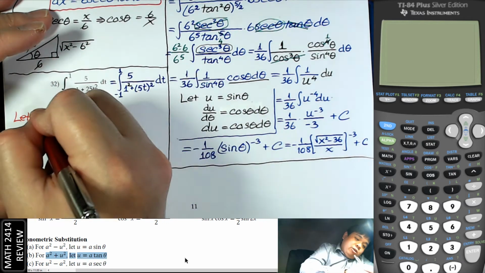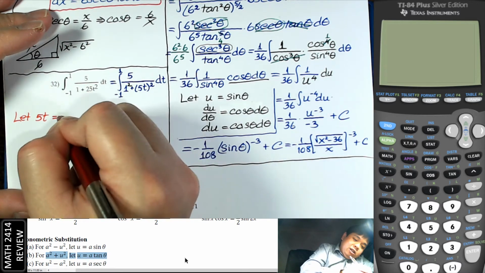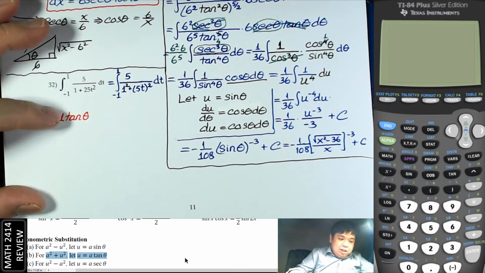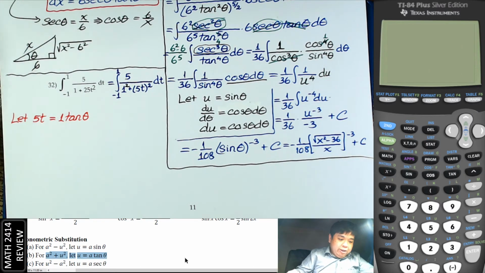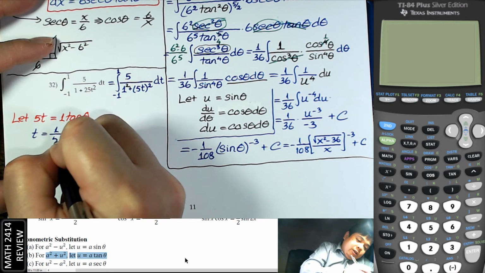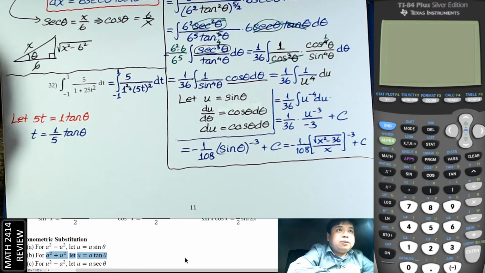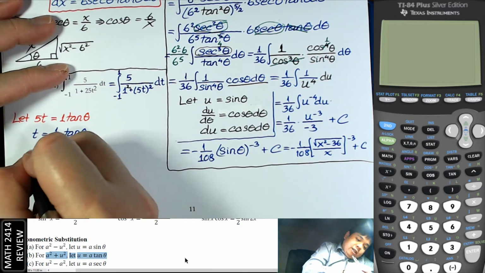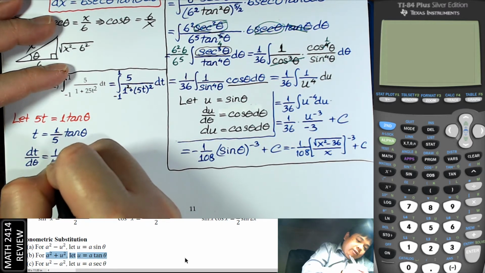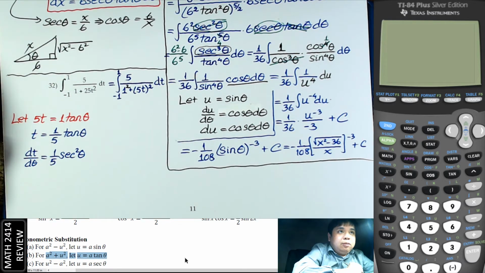We're going to let the variable equal to 1 over 5 tangent of theta, so t equals 1 over 5 tangent of theta. Then take the derivative: dt over d theta is 1/5 secant squared, and move the d theta.